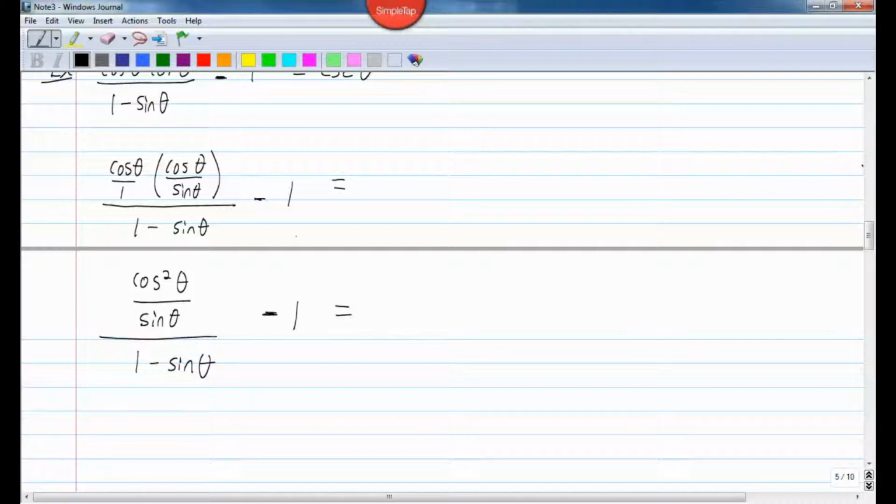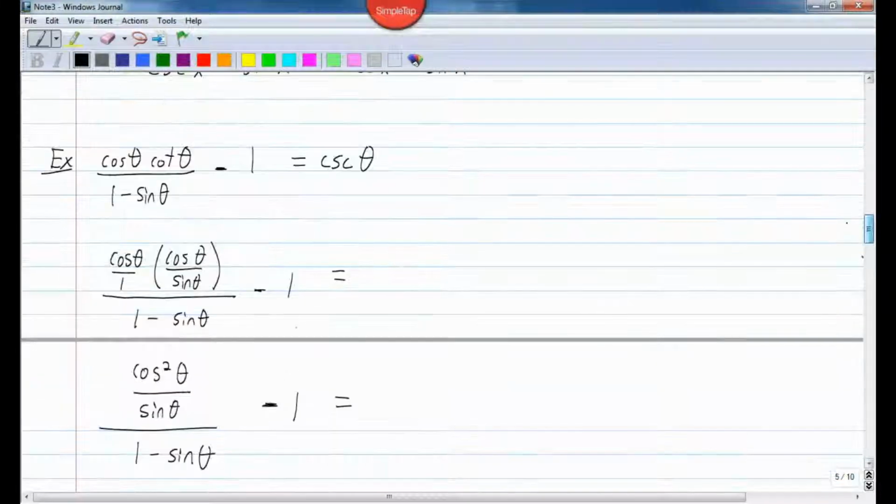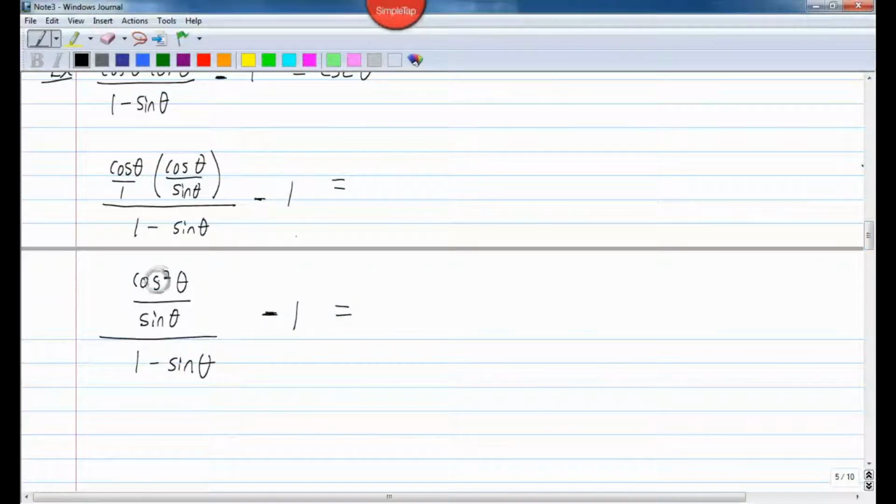So I see a lot of sines in here. I see a cosine squared, and the right side that we're trying to get to is cosecant, but we all know that's 1 over sine. So is there any way to change cosine squared into sine or sine squared? Yes. We all remember that Pythagorean identity. Sine squared theta plus cosine squared theta equals 1.